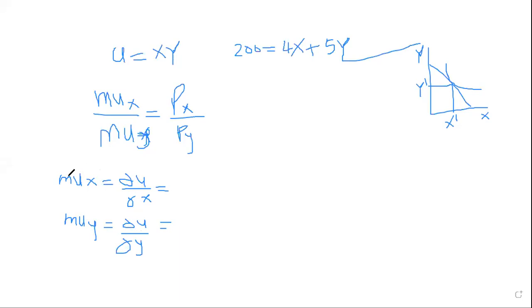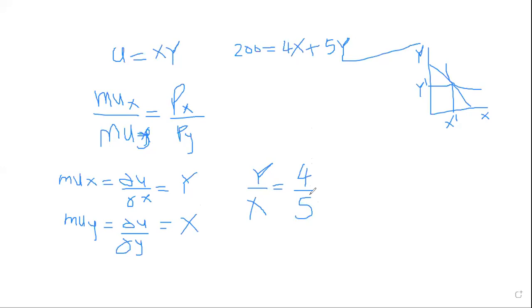So you differentiate this. This will give you y, and this will give you x. So at equilibrium, y over x should be equal to, now what is the price of x? The price of x is 4. And the price of y is 5.